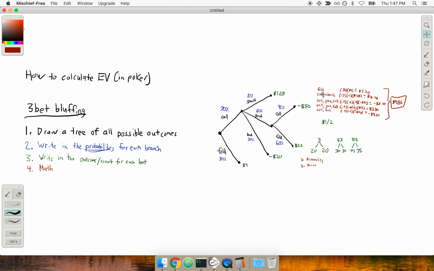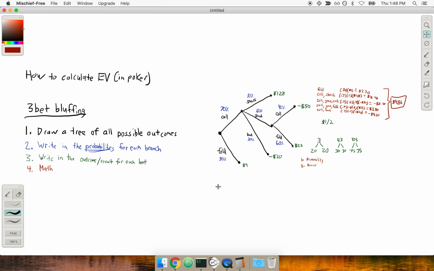We wrote down what the 5 possibilities are. Then we figured out what the value is for each of these paths down the tree. And then we added them all up, and by doing that, we got a result of 4.86. So that is how we calculate the expected value of 3-bet bluffing.